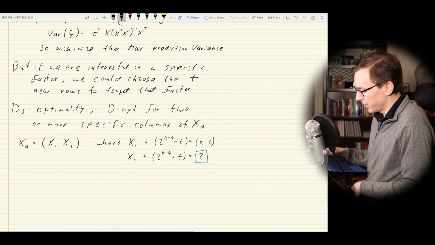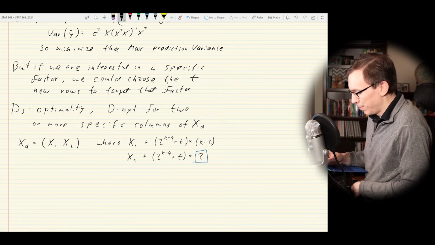Well, first we can consider block matrix multiplication, which is always a good time.